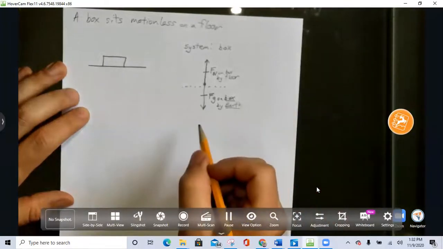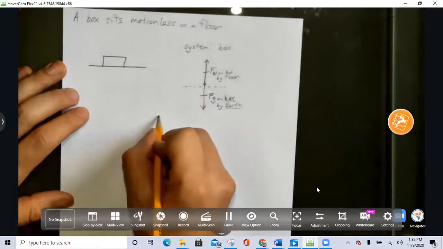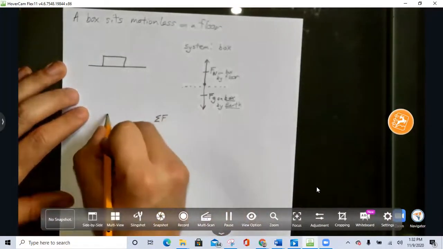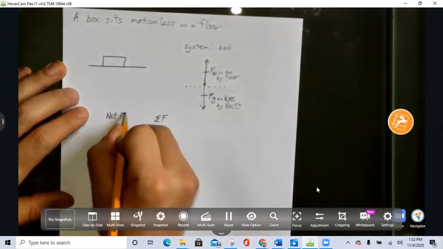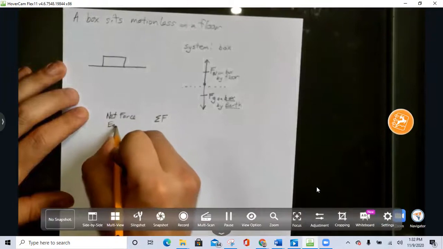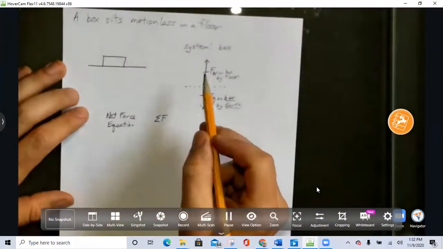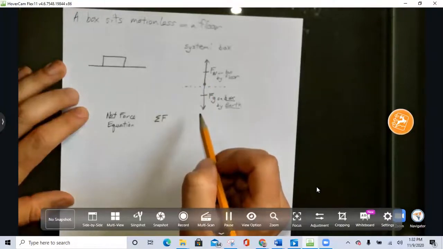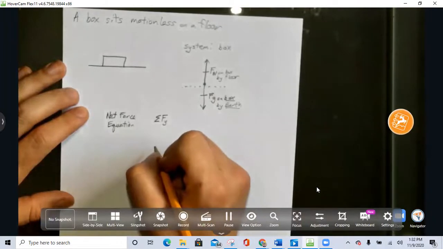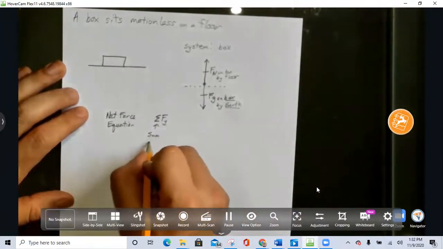And then finally, the net force equation, you'll write like this. Net force means sum of the forces. This is moving up and down. Gravity moves down, so it's the forces in the y direction. Sigma means sum of.